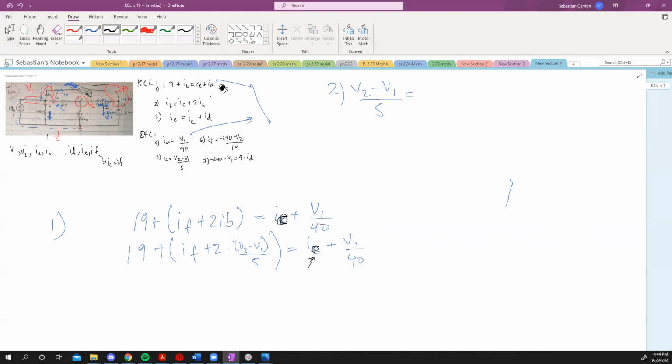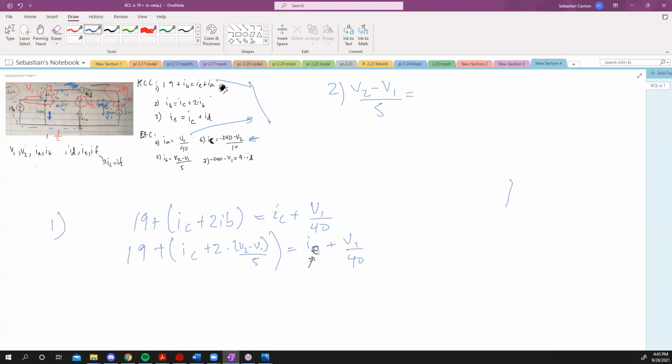Good catch. My handwriting's terrible, sorry. And when you have your IF on the left there, number 6, IF equals negative 240 should be IC equals negative 240 minus V2 over 10. Also a good catch. Then down under your equation number 1, change those IF to IC to reflect everything being IC.